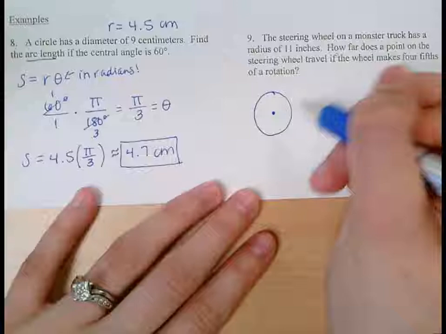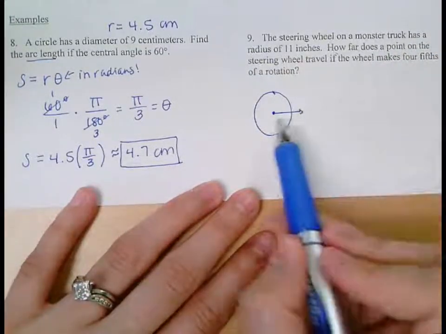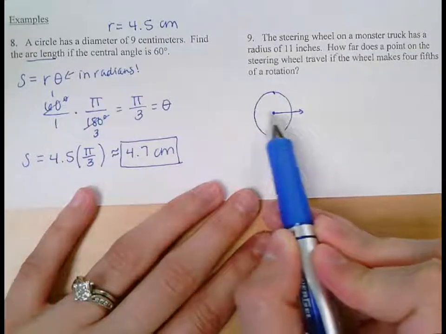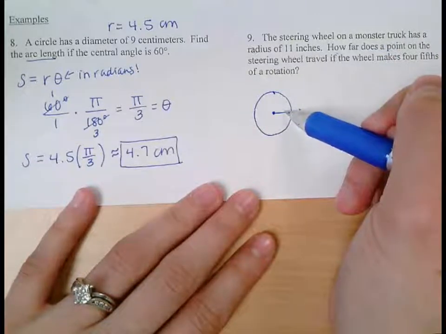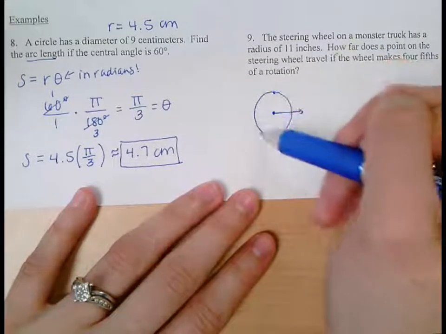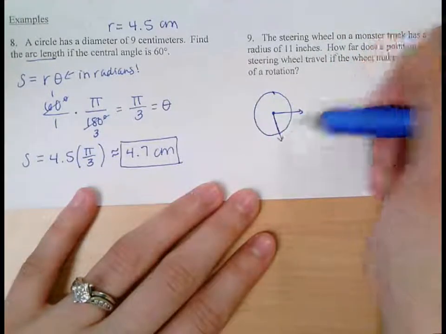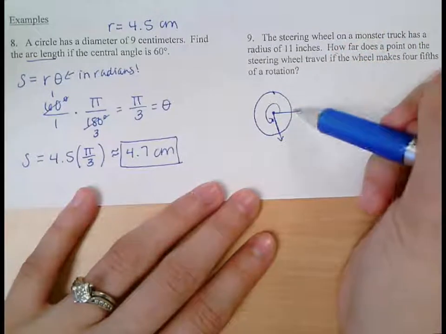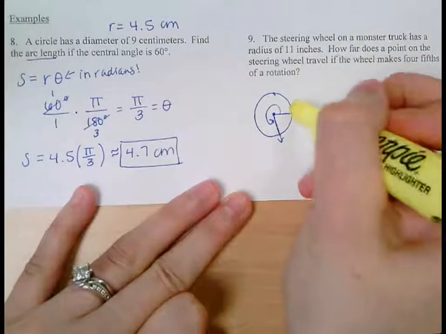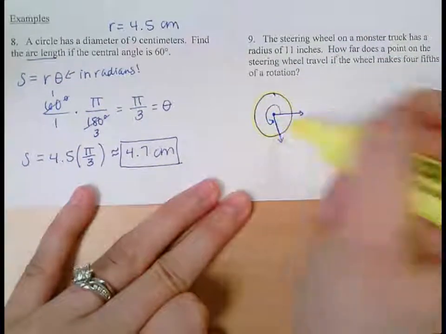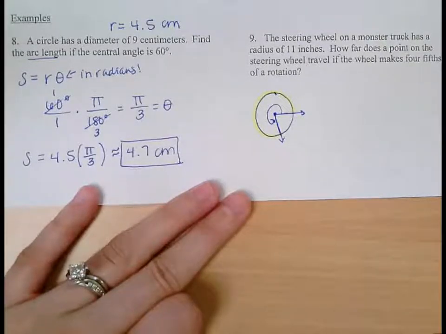If we picture this as our steering wheel, and say we're starting where we would have 0 here. We're making 4/5 of a rotation. So 5/5 would be all the way around. So 4/5, picture the B here. And we are looking then for this length. How far that point would have traveled is what we're looking for.